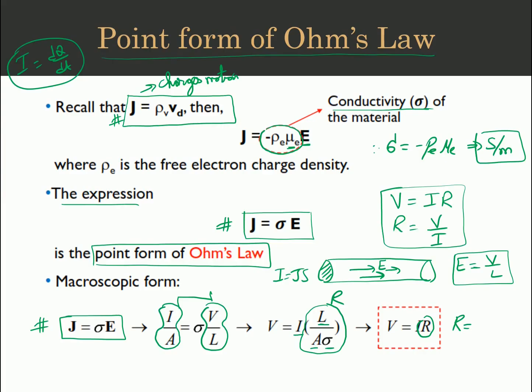If you want to find resistance inside the conductor, it is going to be the length of the conductor divided by the area of the conductor and the conductivity of charges inside the conductor. Hence this is indeed the representation of finding resistance inside the conductor, which is another way of writing Ohm's law.